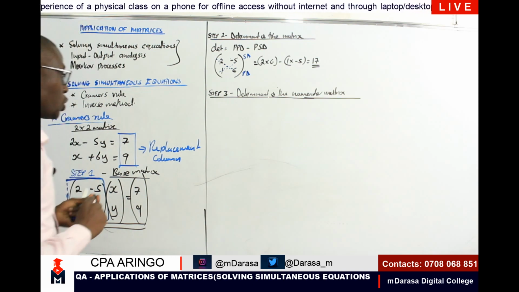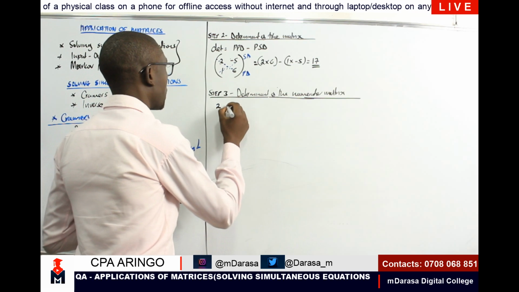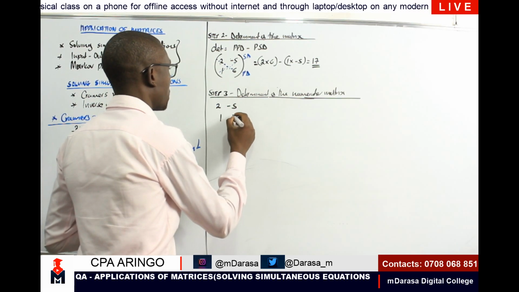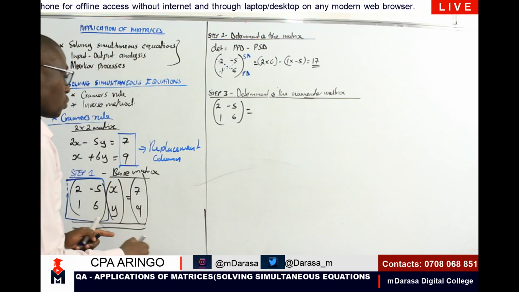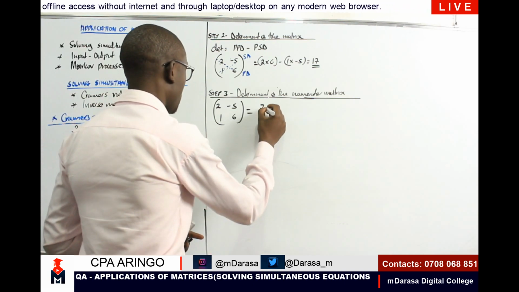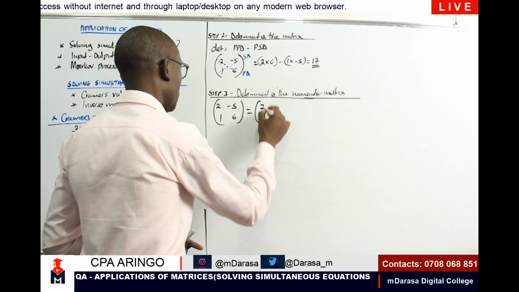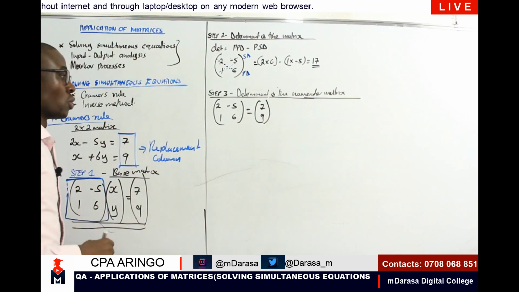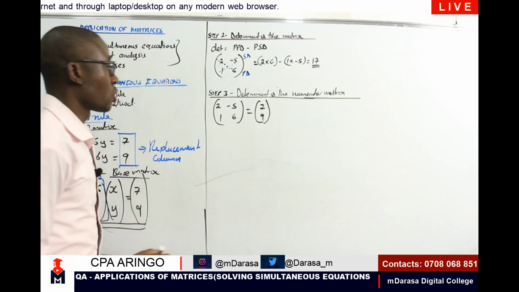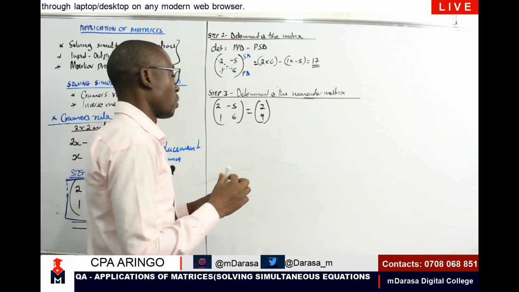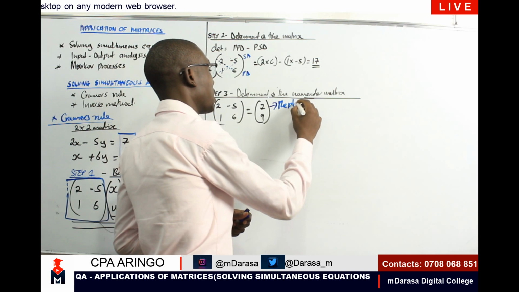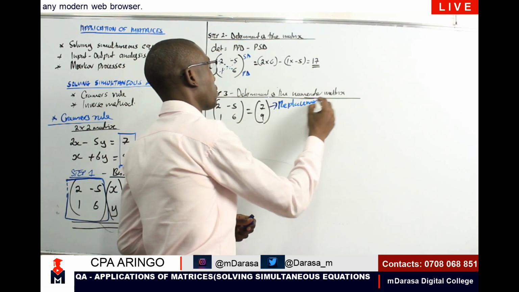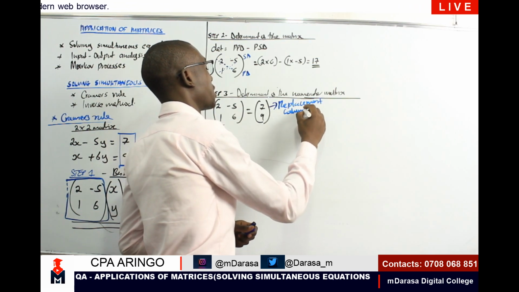We had 2, -5, 1, 6. Ignore x and y. In this case, we should be having 7, 9, right? So this is what you are having as our replacement column.